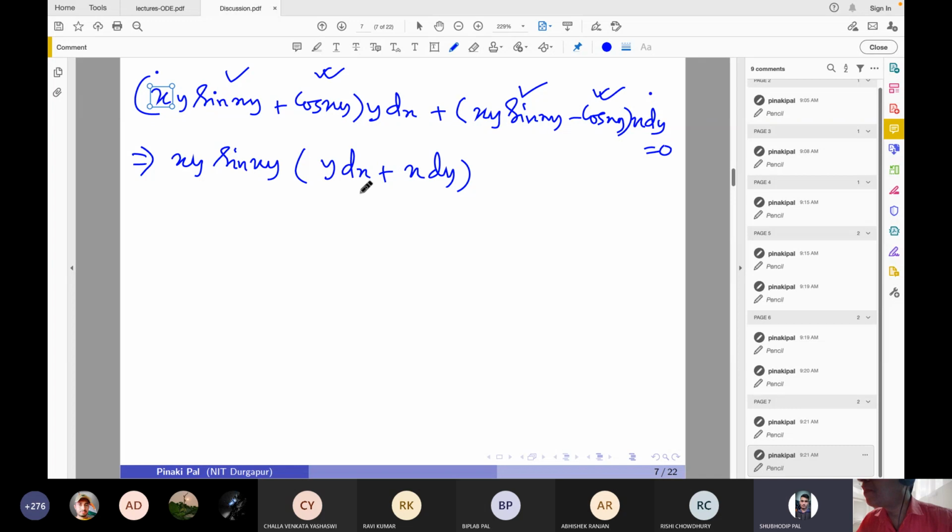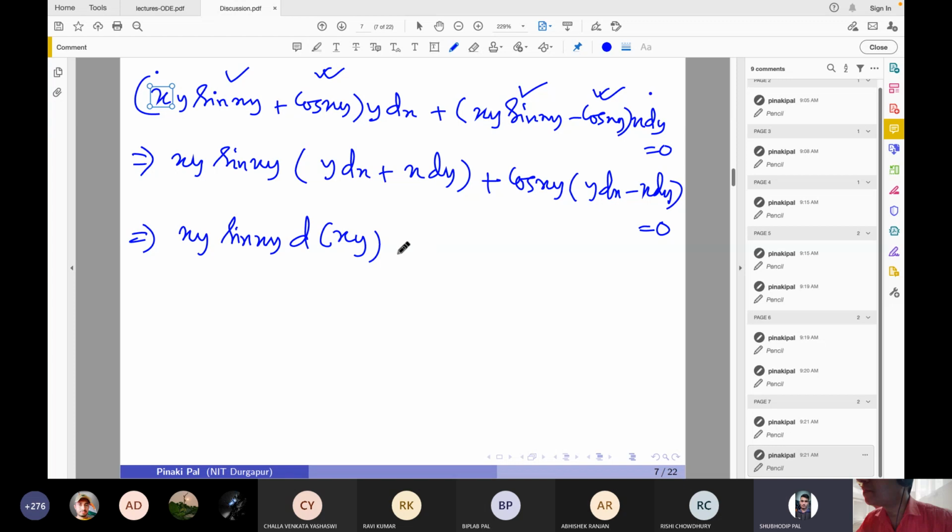So we will get plus cos xy (y dx − x dy) equal to 0. So this implies xy sin xy, this is d of xy, note that, plus cos xy (y dx − x dy) equal to 0.